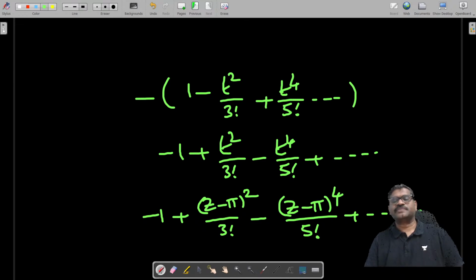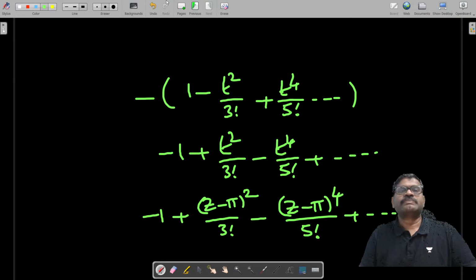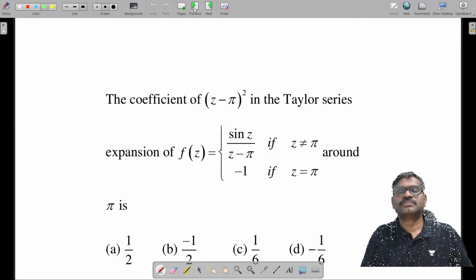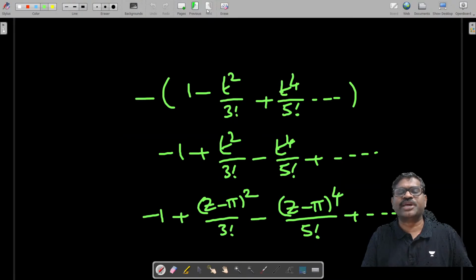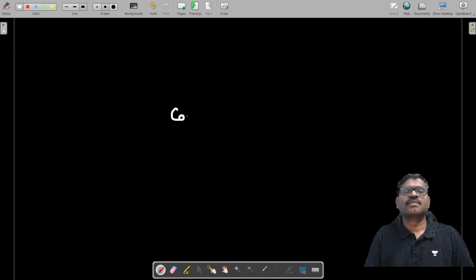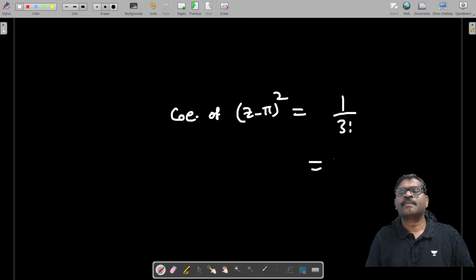And so on. We have to find out the coefficient of (z minus pi) whole square. One by 3 factorial, 1 by 6.